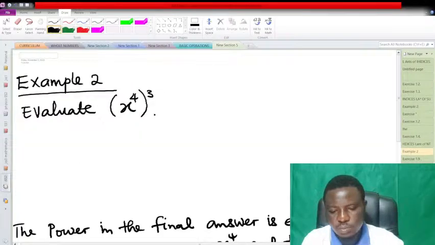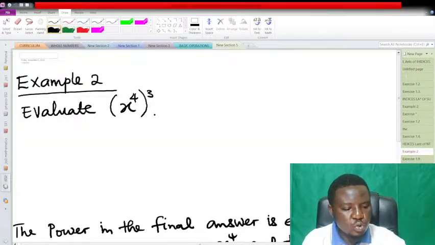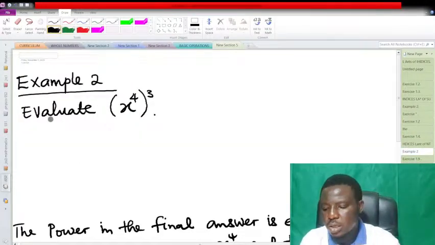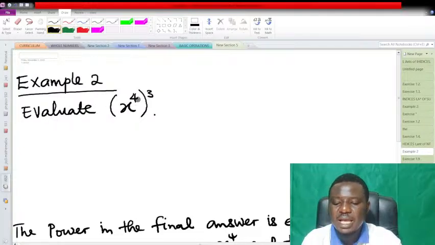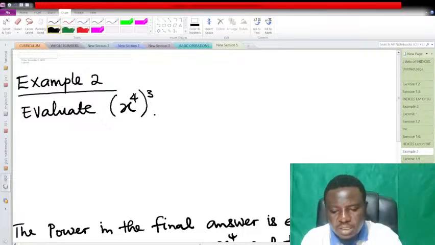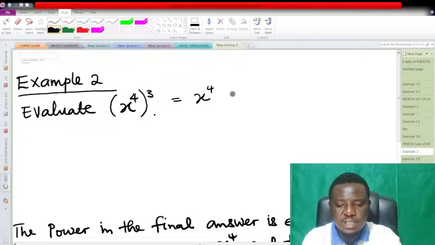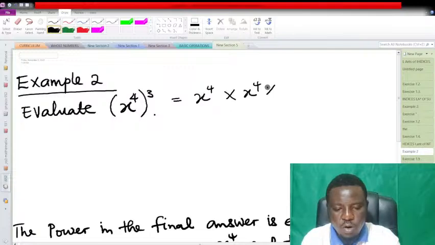example. Example 2 says we should evaluate x raised to the power of 4, cubed. This is also x raised to the power of 4 multiplying itself 3 times, which is x raised to the power of 4 times x raised to the power of 4 times x raised to the power of 4.